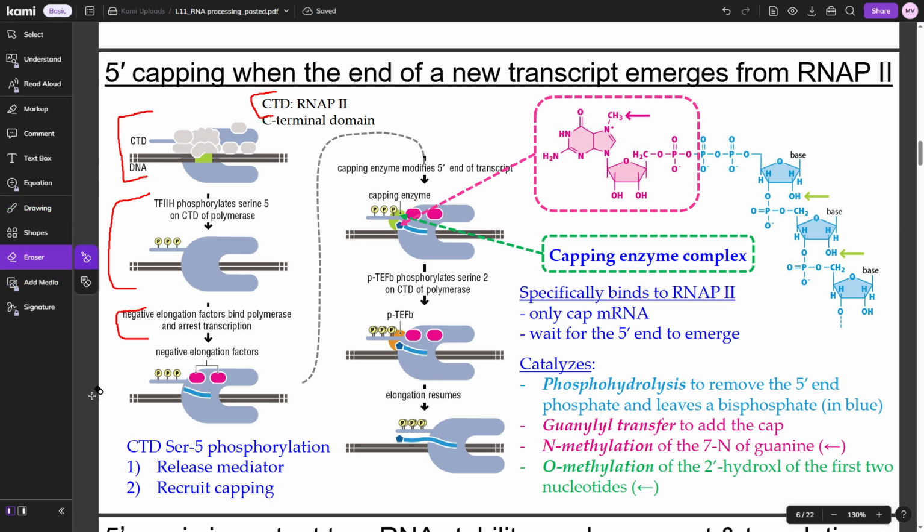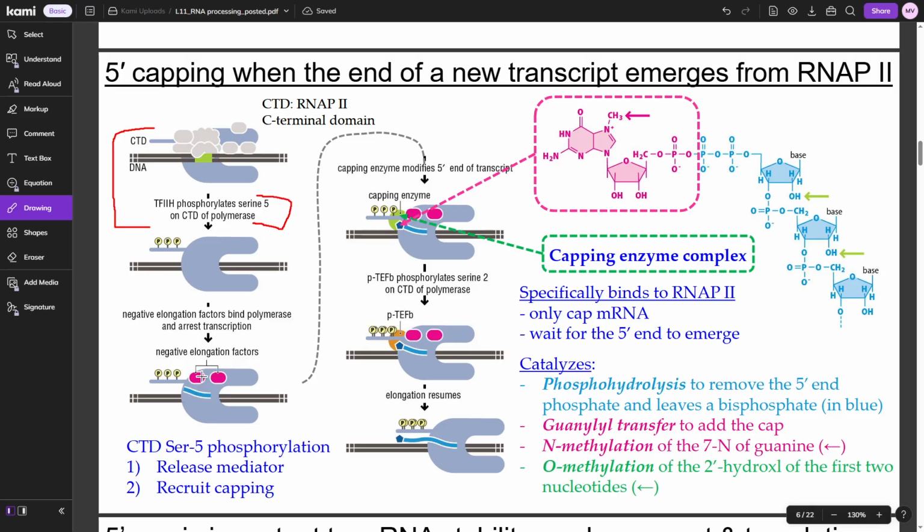So I think, here, hold on. Let me erase all this stuff. Basically, I feel like I made that way more convoluted than I needed to. From the start, you have all your transcription factors that are bound. So you're going to transcribe, and you're going to keep transcribing. And then TFIIH is going to phosphorylate the C-terminal domain, like this end here. And then after the phosphorylation has occurred, I'm going to keep transcribing until I make some amount of RNA.